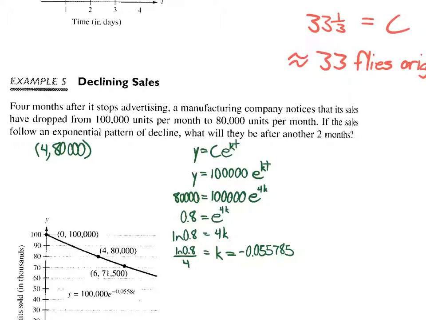So now that we have our k, we can write our model. y equals 100,000 e to the negative 0.055785t. And then how are we going to answer the question we were asked?